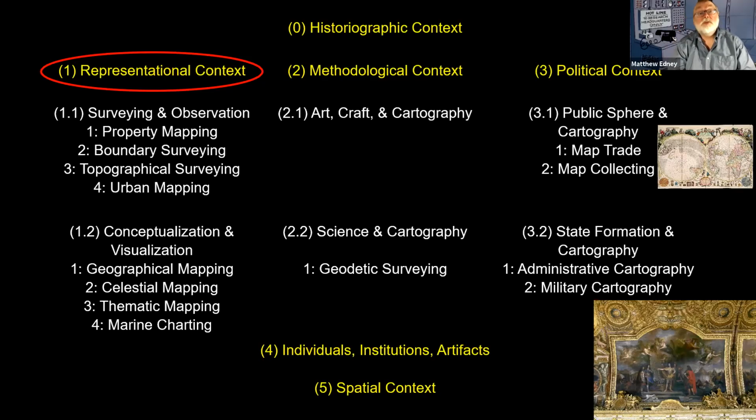Yes. Representational contexts are basically what I've been calling cartographic or mapping modes for a very long time. Modes, a way of doing something. And when you start looking at these differences, I mean, we had this difference between the manuscript map of a place for a military purpose, the printed map of Russia.